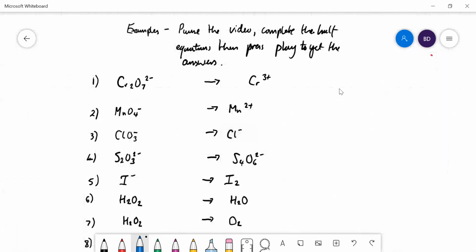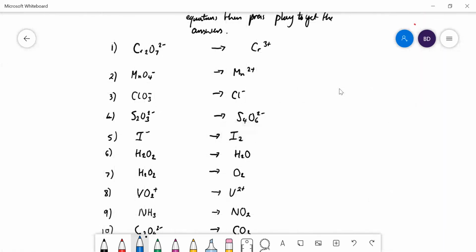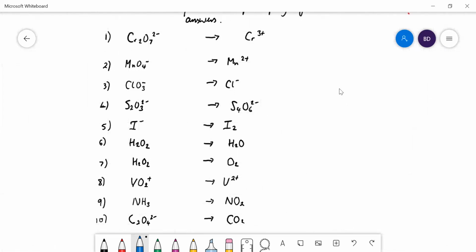Now, I need to not reveal the answers because they're just below. You've got 10, so pause the video now. Complete those half equations with the 5 steps, and when you've done them, stop pausing the video, play it, and have a look at the answers, which I am now about to reveal. So if you haven't done them yet, press pause before you spoil the fun.